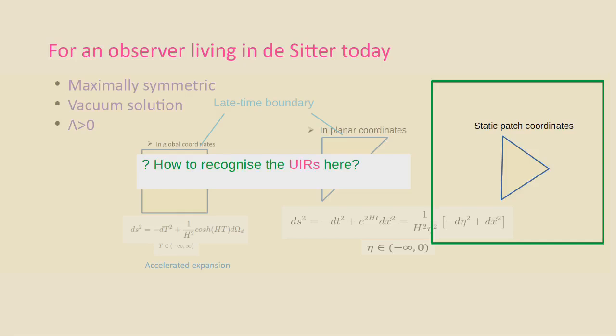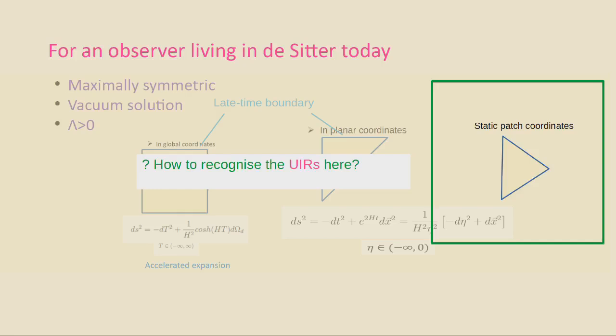It's not that we are getting information from the late time boundary because we are observing it at some other epoch afterwards. So then the coordinate system for an observer on de Sitter are static patch coordinates.